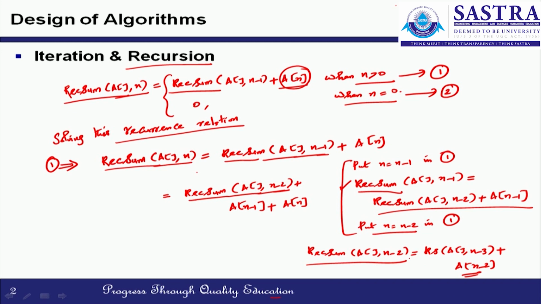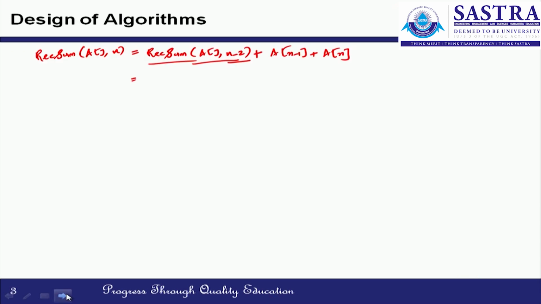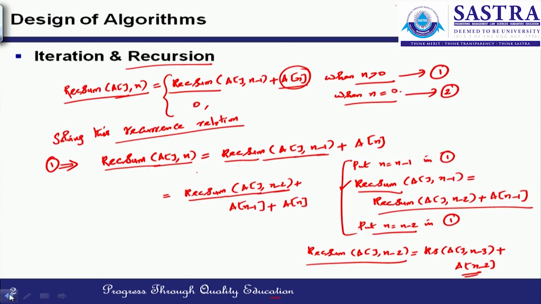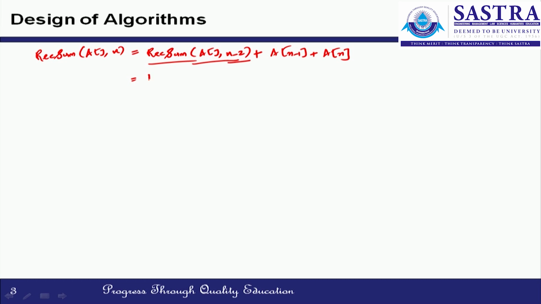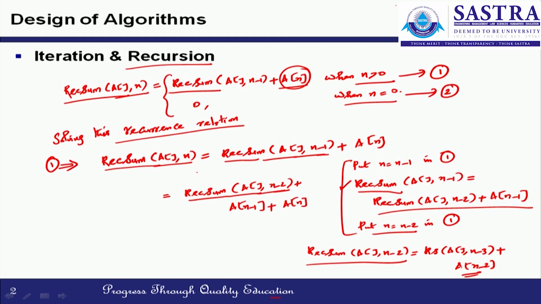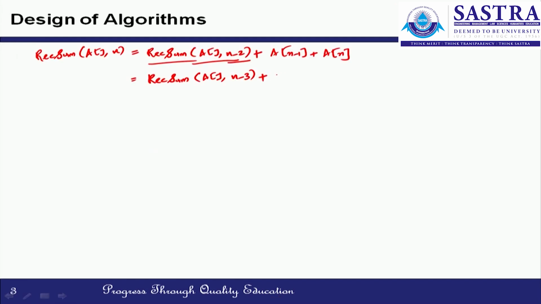So substituting the value of recursive sum of a array comma n minus 2 in the right hand side of this equation, here we have recursive sum a array comma n minus 3 plus a of n minus 2, plus previously a of n minus 1, plus having the next term a of n.